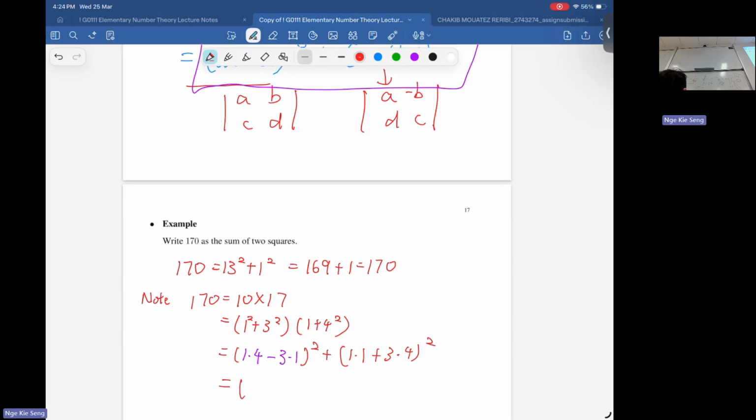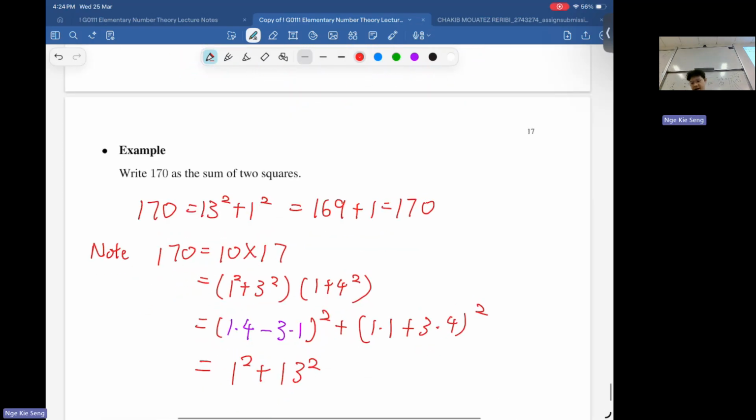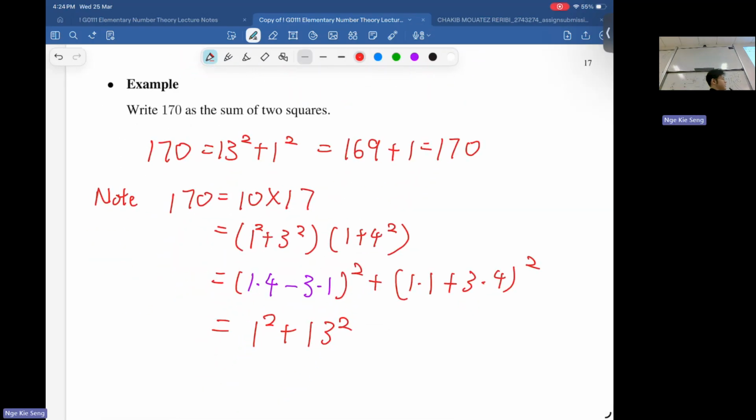So what do you get? 1 square plus 13 square, the same. So instead of guessing or trial and error, you can use the theorem that we proved.